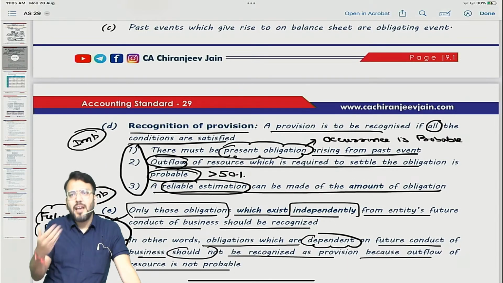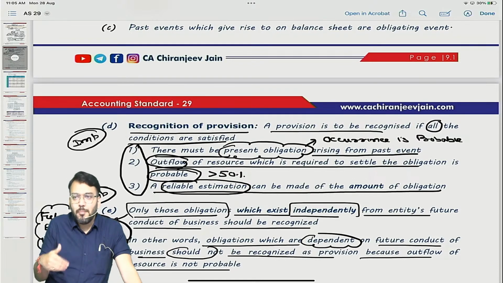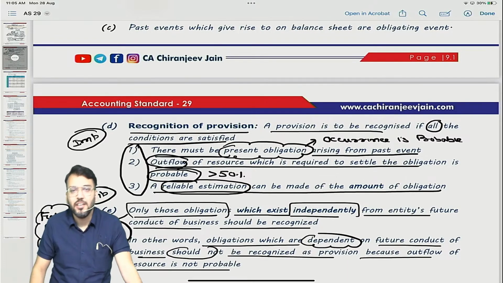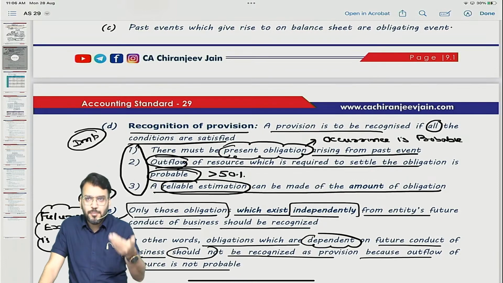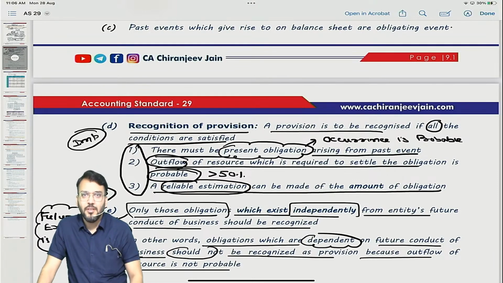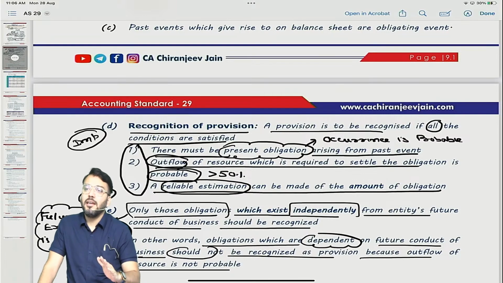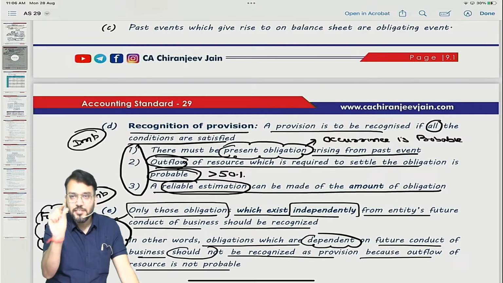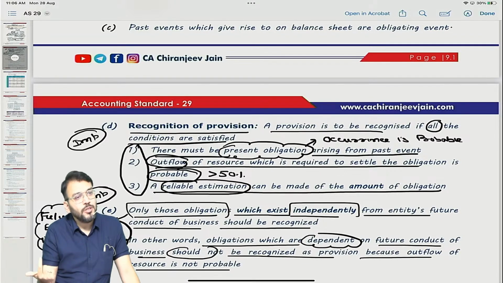Of course, normally on balance sheet date we will create provision because we apply this condition on balance sheet date. So on balance sheet date we will pass one journal entry. What will the journal entry be? The expense account debit to provision. Means whatever expense you are estimating becomes the expense. So expense account debit to provision. And expense being a nominal account will be transferred to PL account.